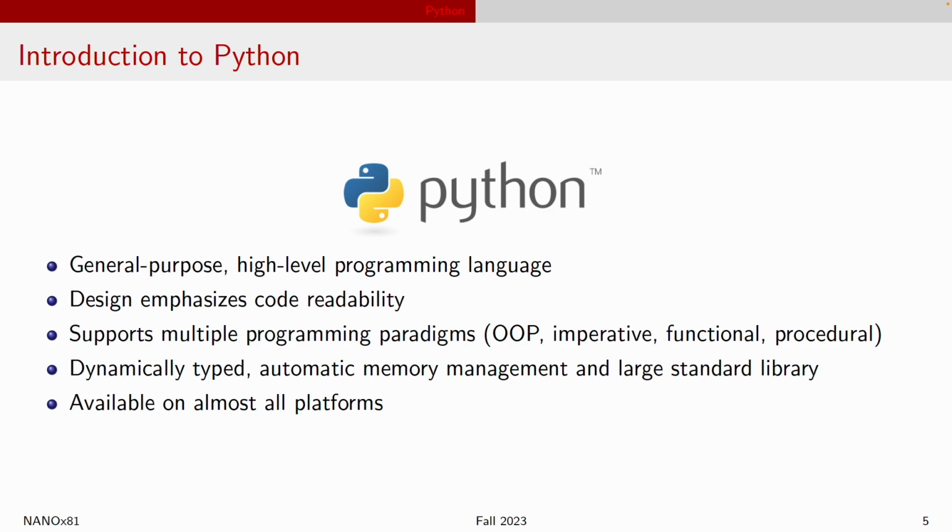Another thing about Python is that it is dynamically typed with automatic memory management and a large standard library. What these three terms mean is that it is very friendly to a beginner to programming. Dynamically typed means that unlike a programming language like C, where you have to say x is actually an integer, you don't actually need to do that in Python.